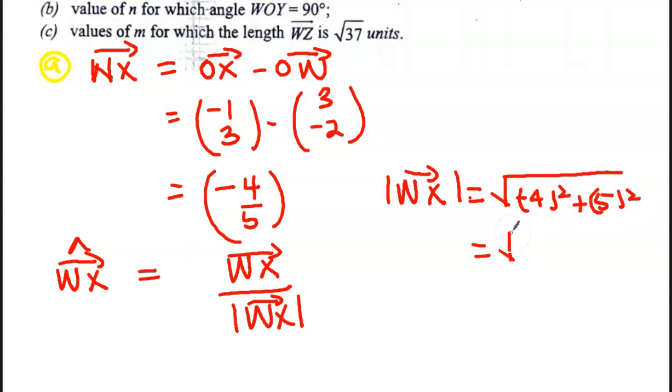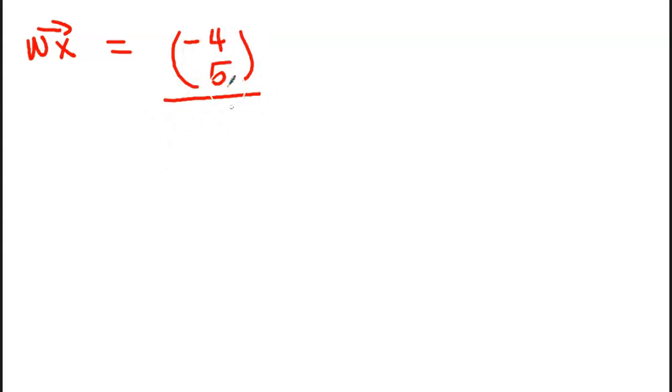This is the square root of 16 plus 25, and we are getting root 41. The unit vector of WX now becomes the vector minus 4, 5 over its magnitude, root 41. This can be written as 1 over root 41 times the vector minus 4, 5.